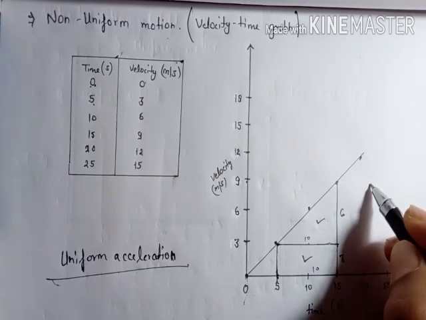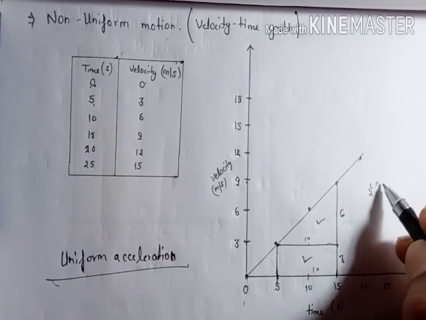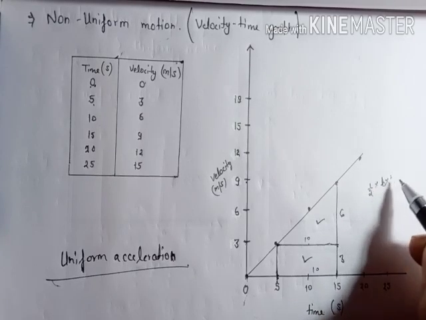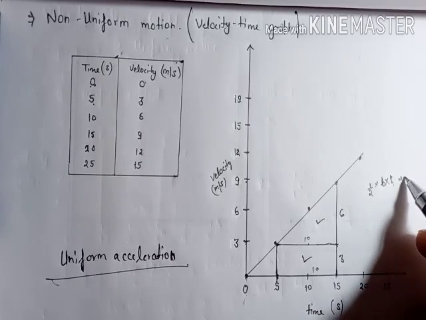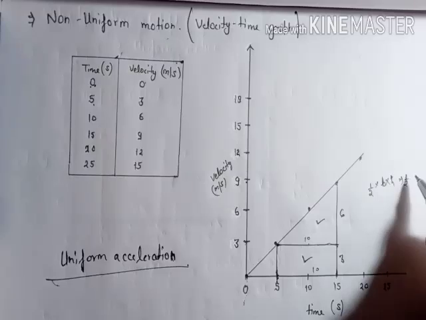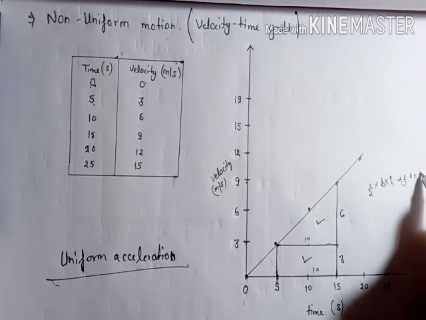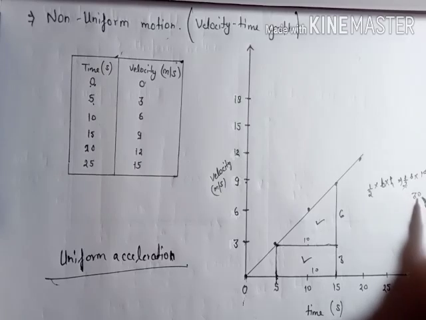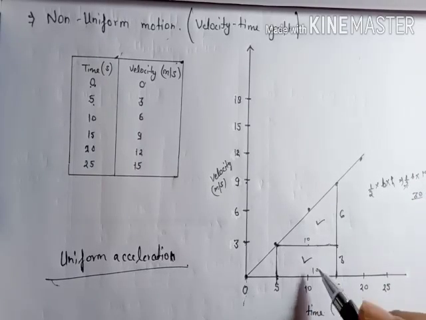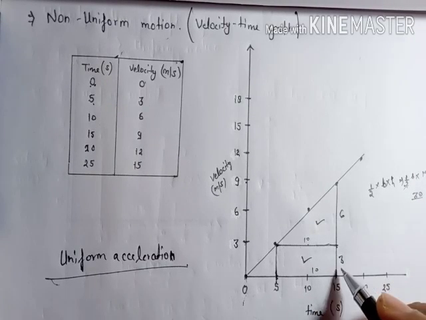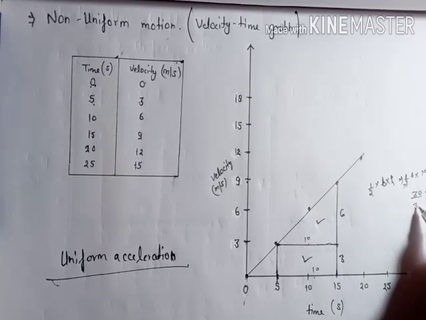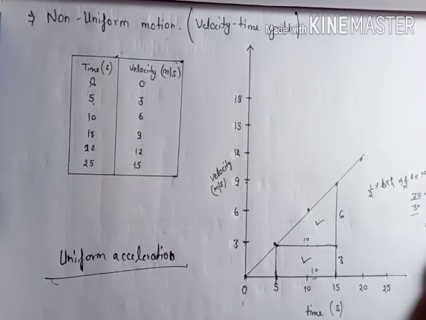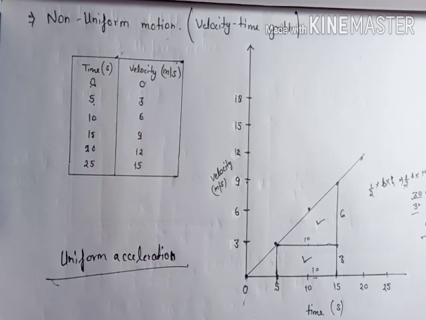Area of this triangle is half into base into height, that is 1 upon 2, base is 6, height is 10, 5 6s are 30, this is 30 meter. And the area of the rectangle is 30 again, 10 3s are 30, so add 30 and 30 and you get 60 meter.